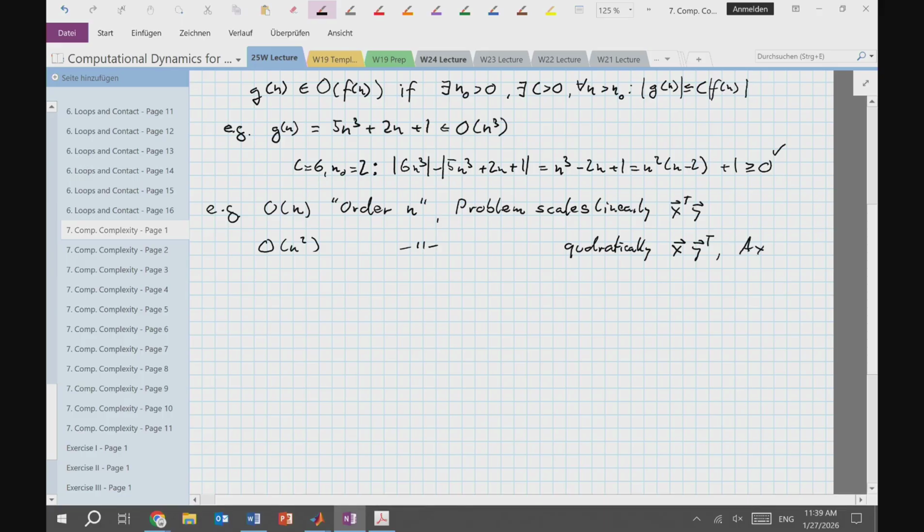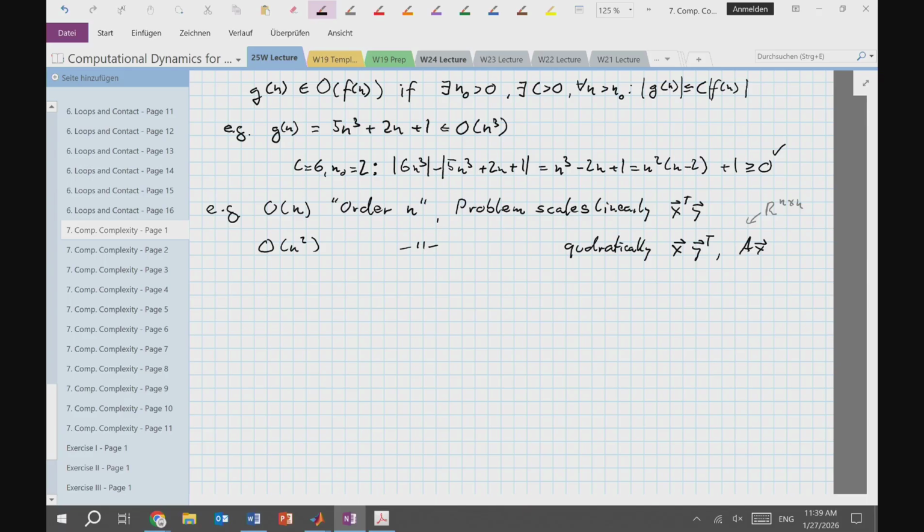If I have an n by n matrix, and I multiply this with an n-dimensional vector, where are the two for loops? Well, matrix times vector is basically n dot products.